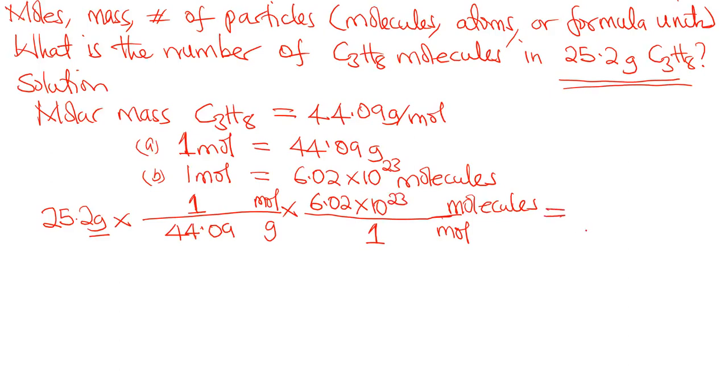So when we make our calculation, the answer is 3.44 times 10 to the power 23 molecules. So the answer will have 3 significant figures, because our question here also has 3 significant figures.